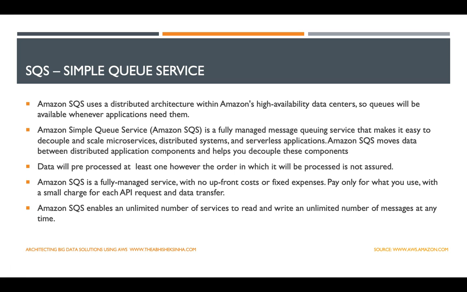So these are really fantastic to use, because you don't have to worry about any administration. Plus it is reliable in terms of delivering messages. You can use Amazon SQS to transmit any volume of data at any level of throughput without losing messages or requiring other services to be available.